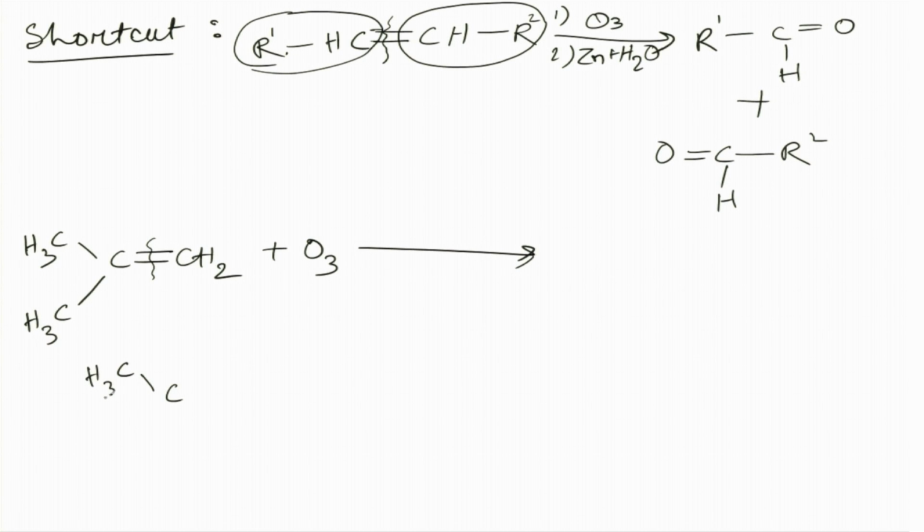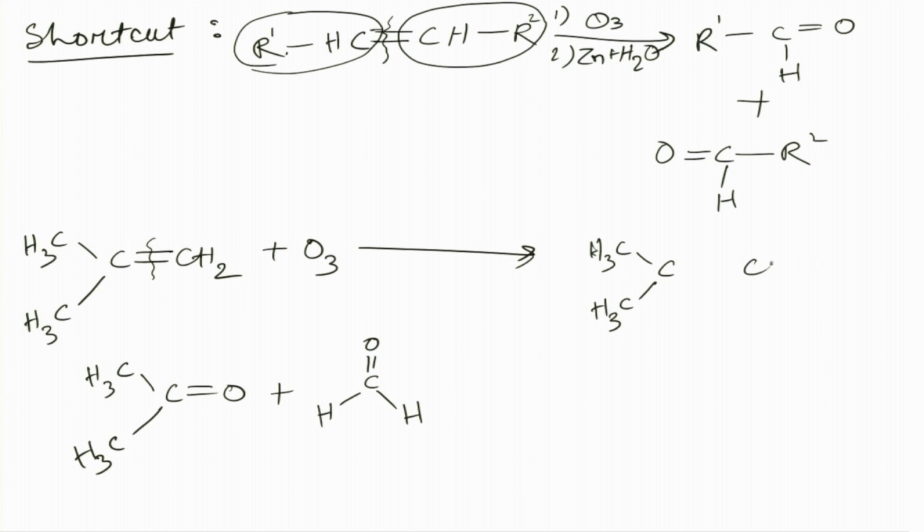So this carbon had CH3 and double bond O, so we get acetone, and here we get C double bond O H H. Okay. If we had gone through the ozonolysis step, what will happen in the ozonolysis step?